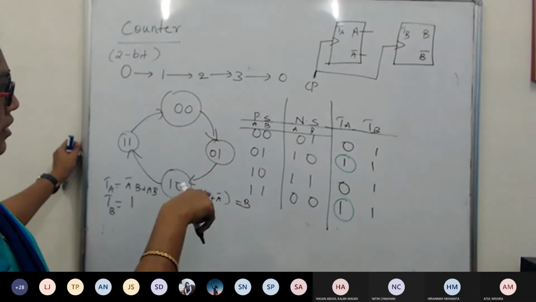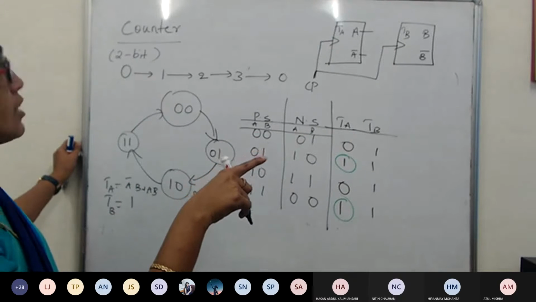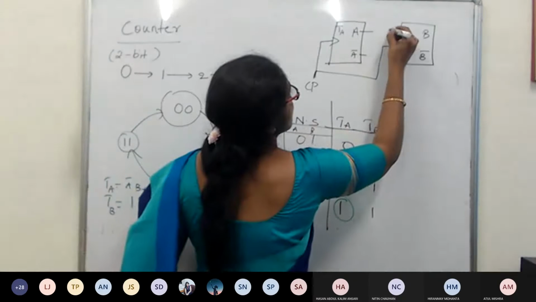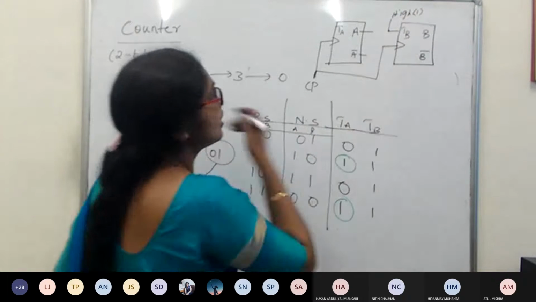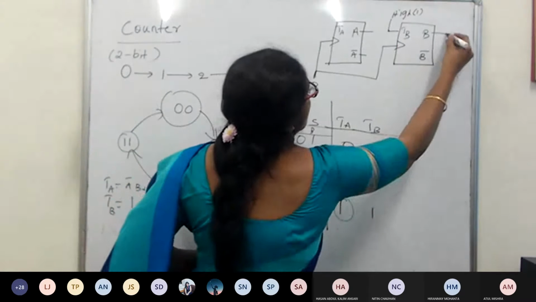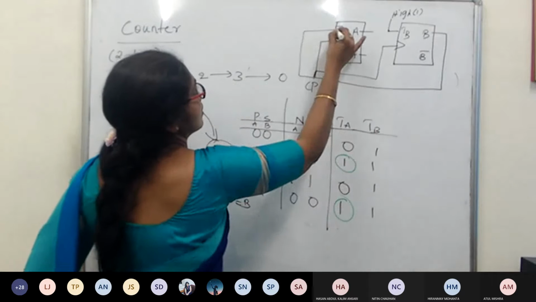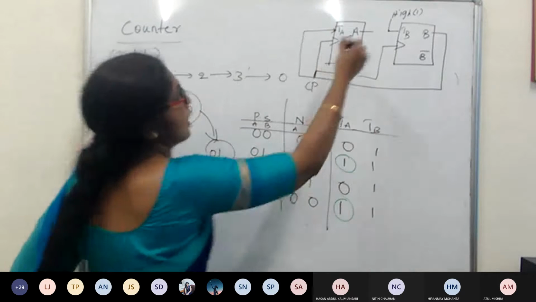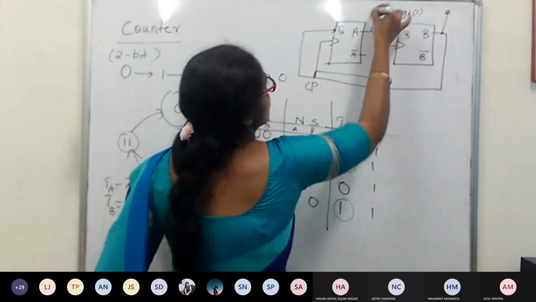So what I am getting, just a second. TB is 1. So TB is given high. 1 means high level. And TA is B. Okay, right. And now I am taking here also this value and this value.